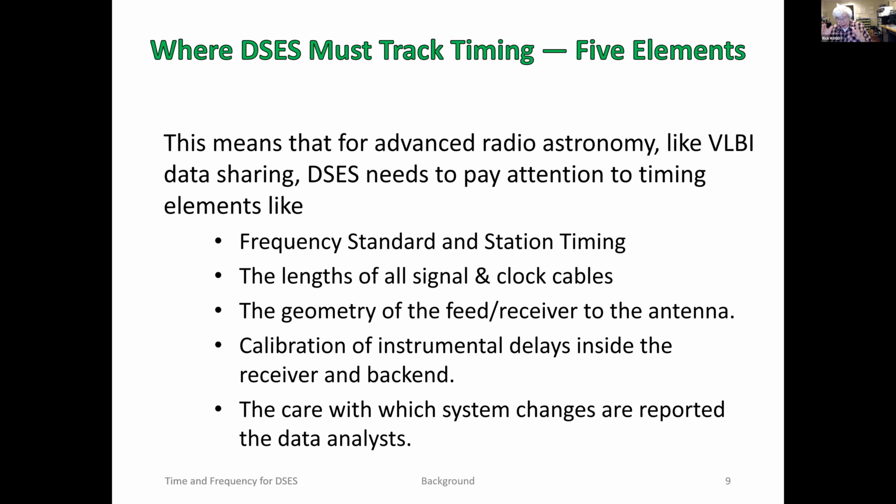If you start getting really serious, for instance, if we wanted to share data and correlate data with one of our sister sites in Europe or Australia or someplace, then we would have to not only have good frequency standard and time standard in our control room, but we would also need to have precise measurement of the signal delays for all of our cables, whether they're coax cables or otherwise.